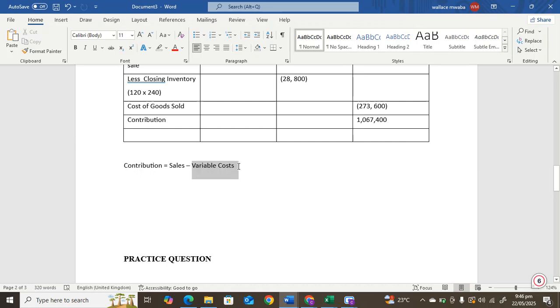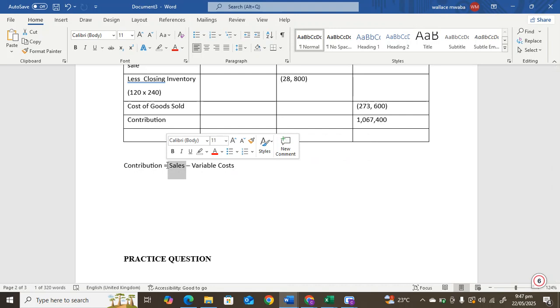So you can either reduce your variable costs or you can increase your selling price. You can try to do both. It all comes down to what this formula is saying here. If you increase your selling price or the number of units you produce, it means you make more sales. But the more you produce, your variable costs are also going to go up with your level of production.